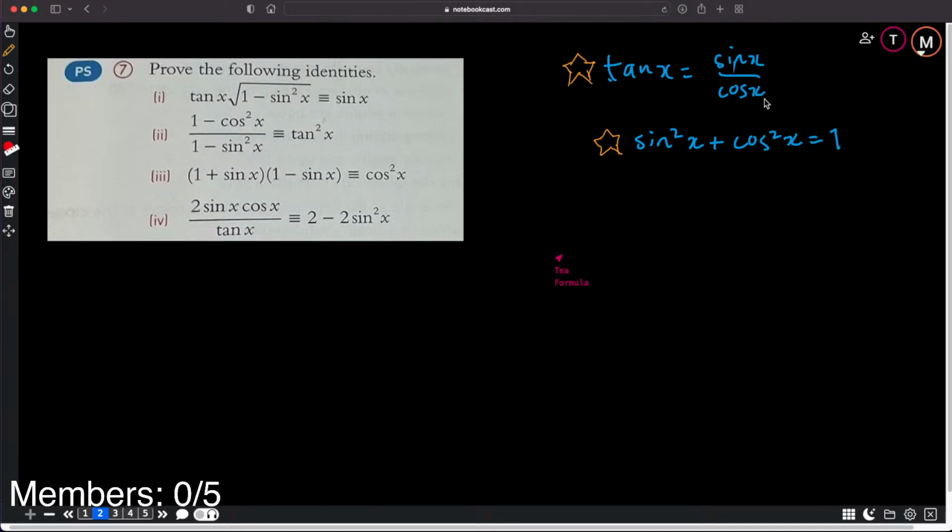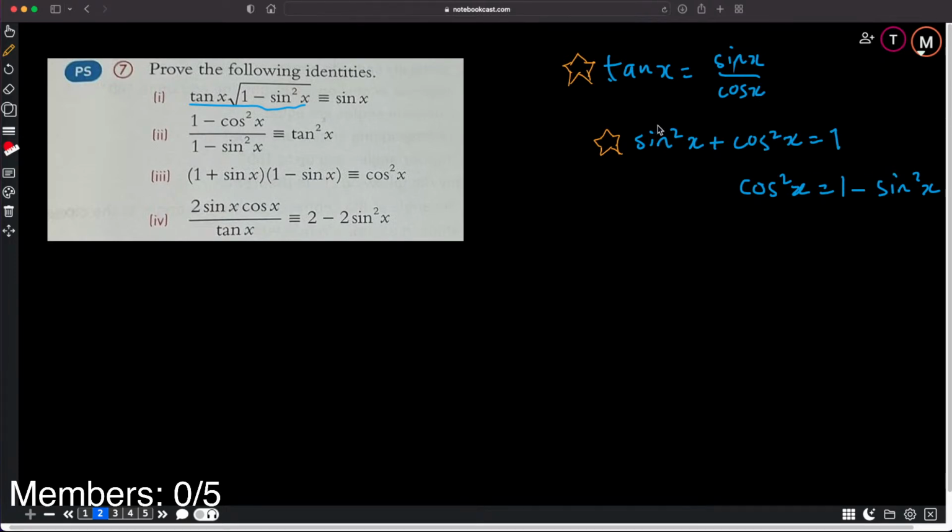Okay, so using these two identities, we want to see if we can take this expression on the left and find that it also equals sine x. The other thing I want to do with this identity here, sine squared x plus cosine squared x equals 1, is to notice that if we rearrange this, for example, we can say cosine squared x equals 1 take sine squared x.